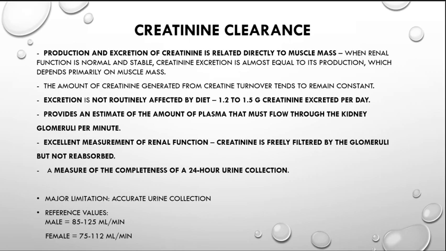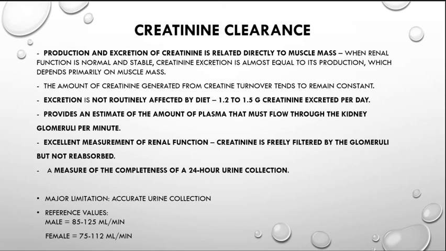So let's move on to our creatinine clearance. So when renal function is normal and stable, creatinine excretion is almost equal to its production, which depends primarily on muscle mass because, take note, number one, creatinine is not reabsorbed, it is a waste product.